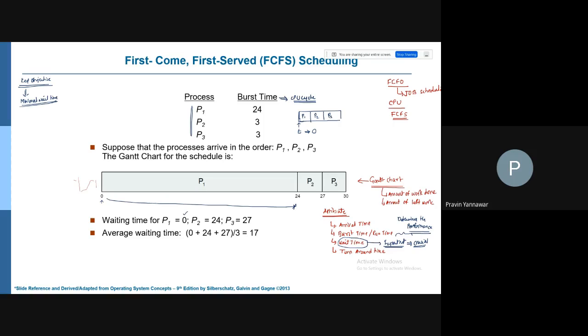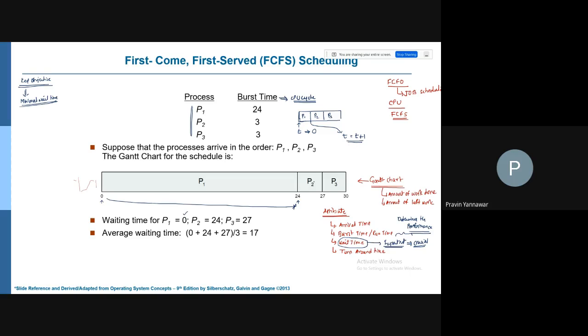But for P2, say P2 has arrived at, for example, T plus 1. The request of P2 is served only when P1 finishes. P1 finishes at 24, so P2 starts working then.